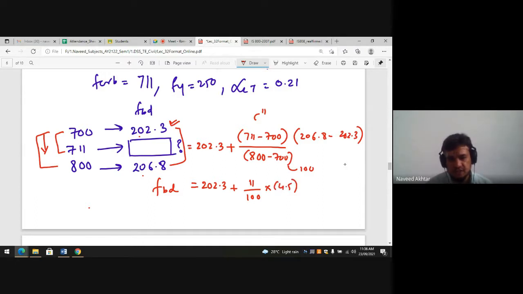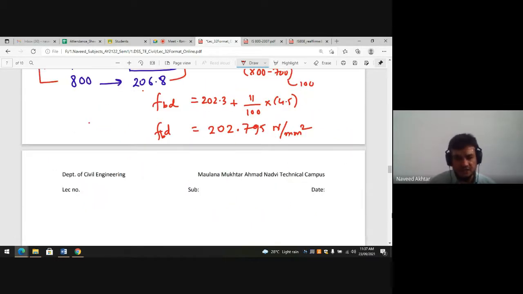You solve this, FBD will be 202.3 plus this value, which is nothing but 202.795 Newton per mm square. That is your FBD, the design bending stress.